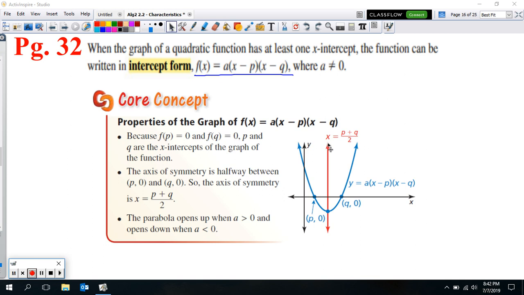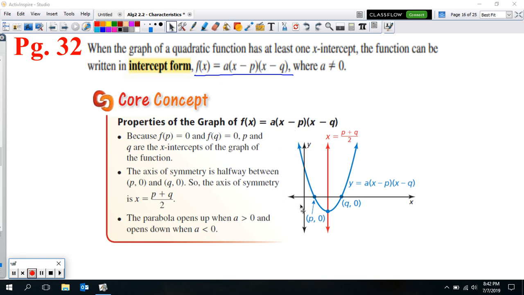So let's see, what are this P and Q talking about? This would be if you were to factor, and you should have learned factoring in Algebra 1, if you were to factor your trinomial, the standard form function of a quadratic usually is a trinomial, it would end up being these factors here, which is the intercept form, and from those factors we could actually see the x-intercepts, which are always the solutions to a quadratic equation.